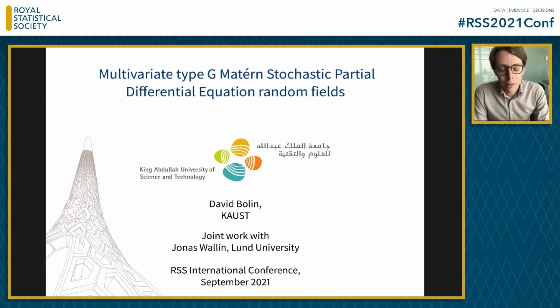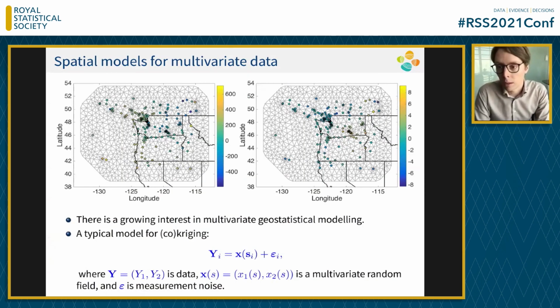Yes, so this is work that is joint with Jonas Wallin, and it's about a type of non-Gaussian multivariate random fields based on stochastic PDEs. The motivation is, as the theme of the session, very much in climate data. There is a growing interest in flexible multivariate models for multivariate data sets.